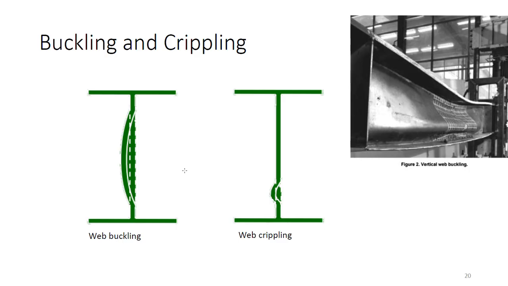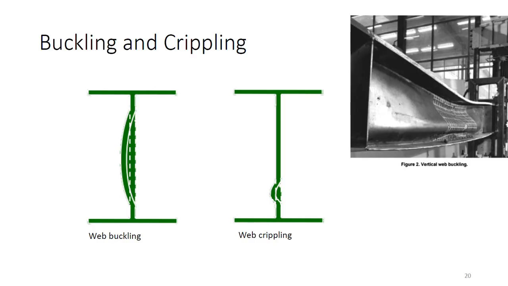After that we can see some of the failures which happen inside the beam. When we apply flexural loads over the beams, we can see some buckling failures in the beams. If you see a beam fixed in a testing machine, in this testing machine they have applied flexural loads over this beam, and the beam got deflected.